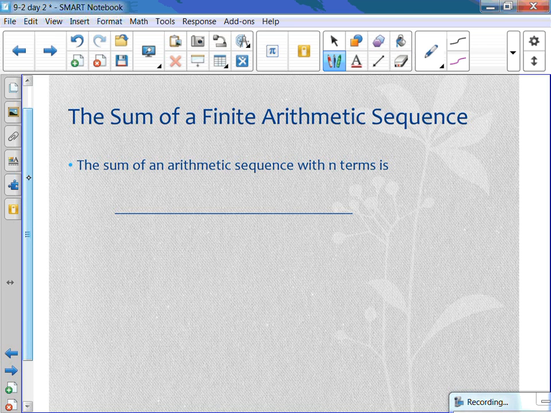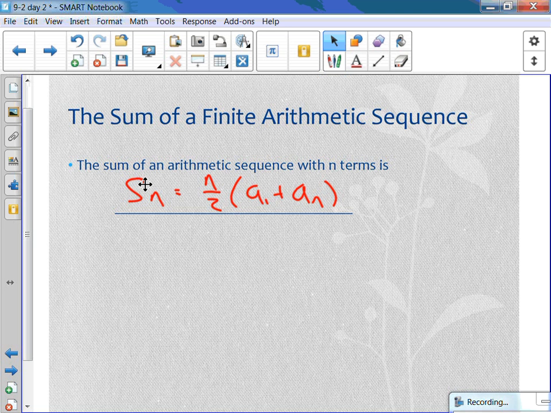It's just given by the formula: capital S sub n is equal to n over 2, where n just represents the number of terms, times the quantity of our first term, a1, plus our last term, a sub n. That's all we have to do to add up the entire arithmetic sequence.